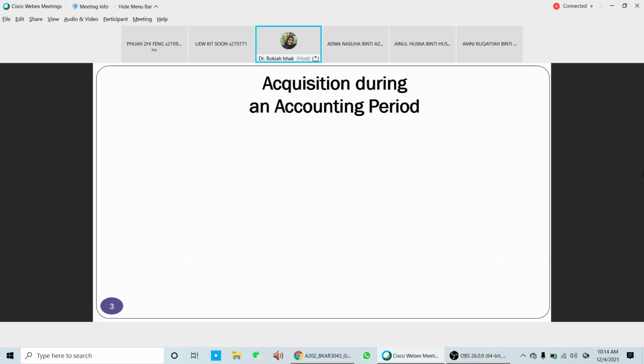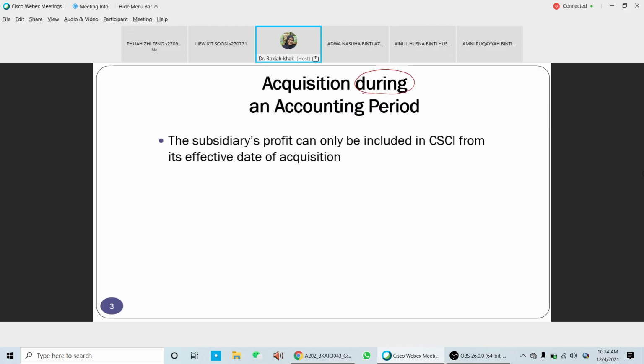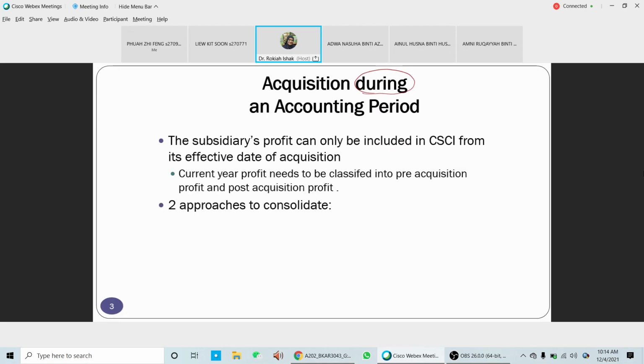So we're going to look at the first objective here, which is acquisitions during an accounting period. The subsidiary profit can only be included in the statement of comprehensive income from its effective date of acquisition. So current year profit needs to be classified into pre-acquisition profit and post-acquisition profit.